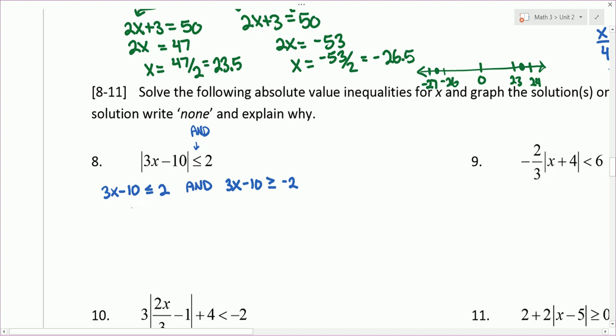So now we're going to solve for x. Add 10. Divide by 3.